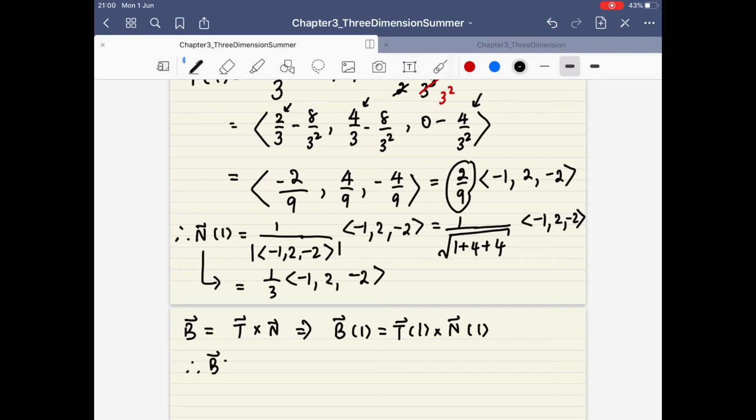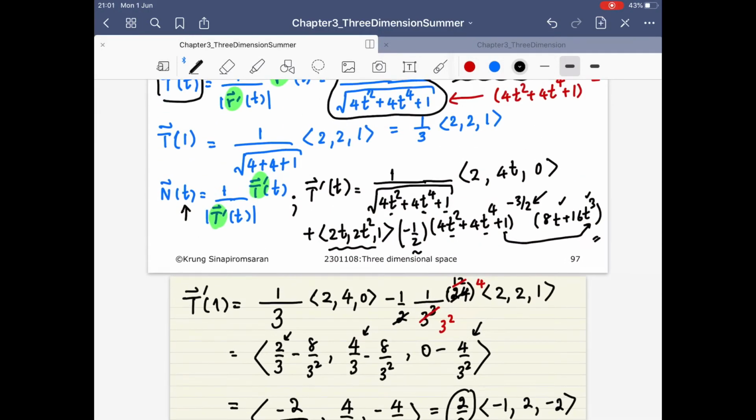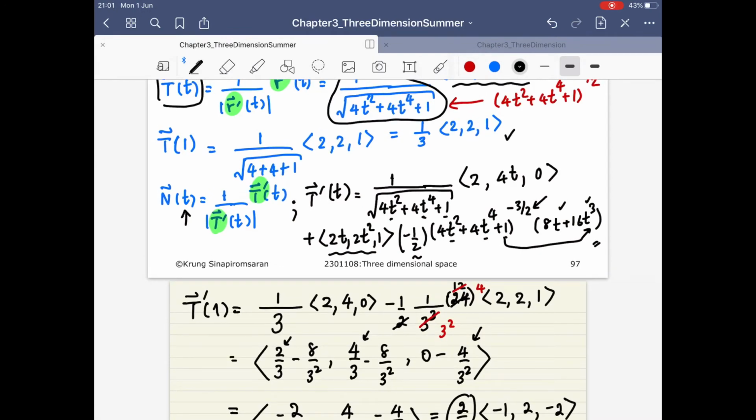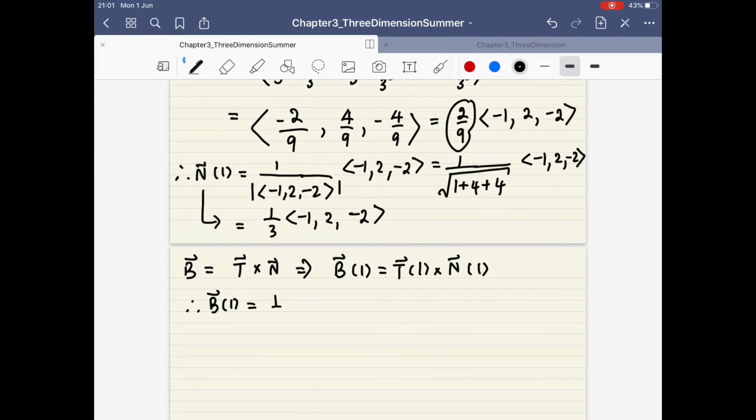So your B at 1, the binormal, your T is 1/3 of 2, 2, 1, cross your N, which is 1/3 of -1, 2, -2.